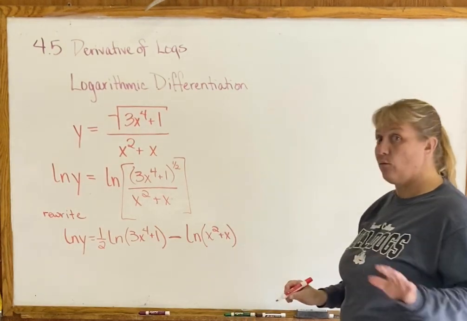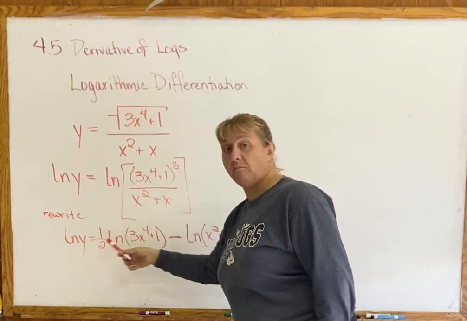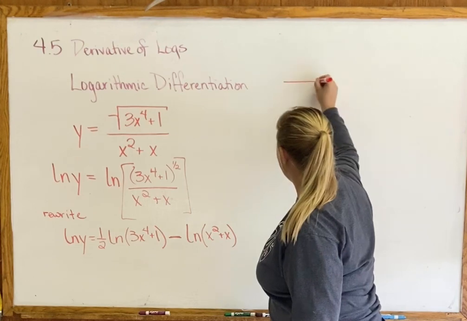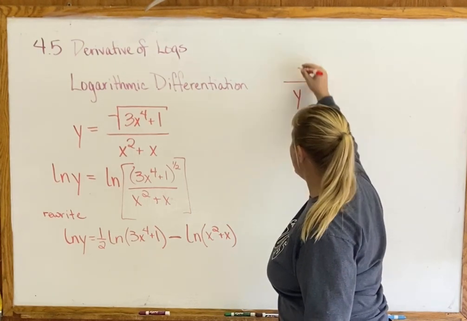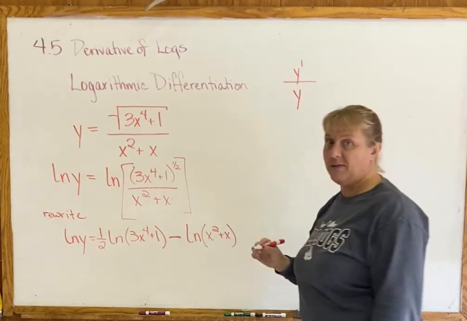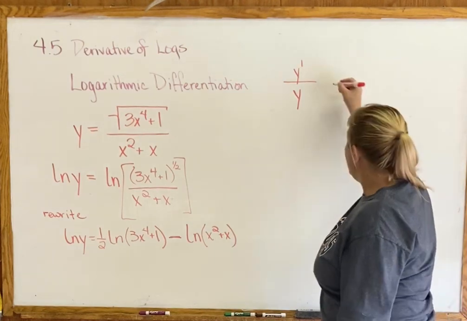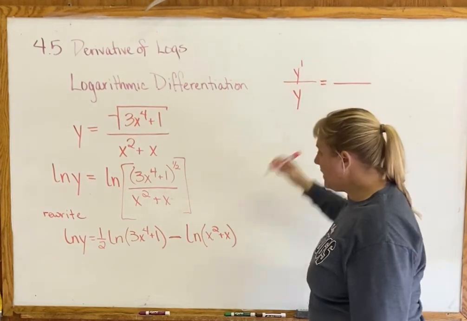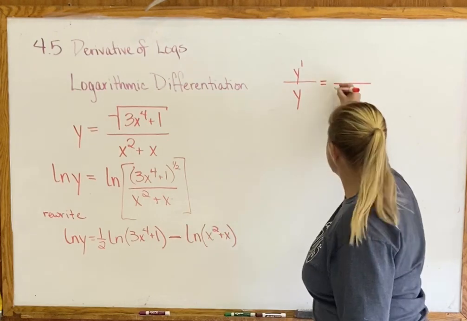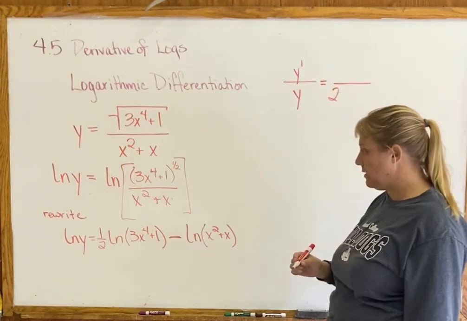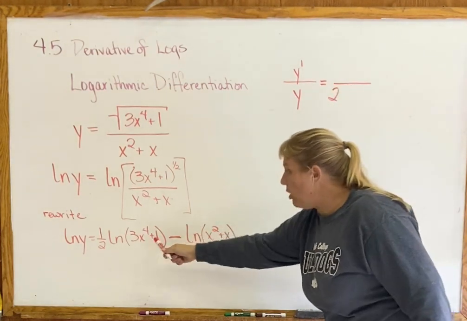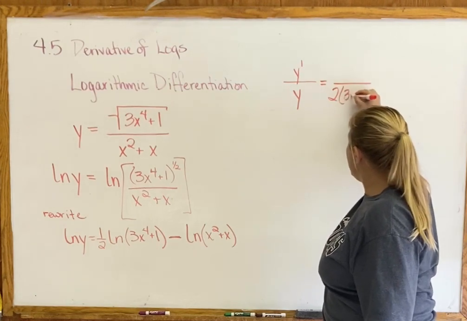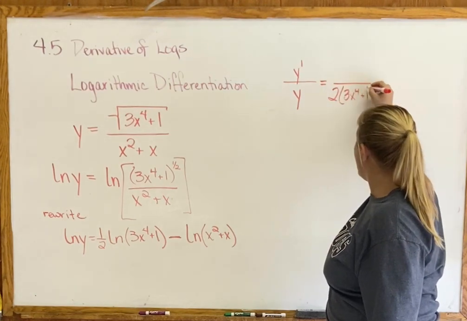Now, if we want the derivative, remember we have to take the derivative of both sides. The derivative of the one side, we put the y on the bottom, y prime up top. The first fraction is going to have a 1/2, which means there's going to be a 2 on the bottom. Then this also goes on the bottom, 3x to the 4th plus 1.